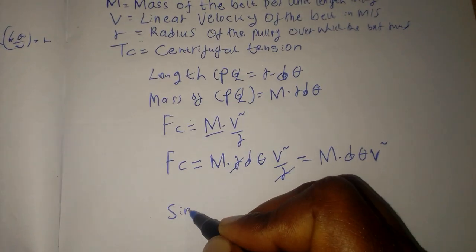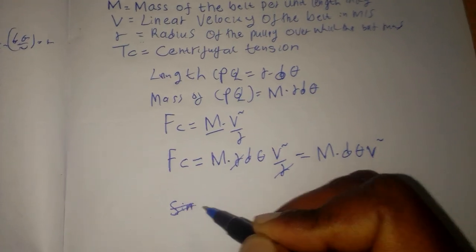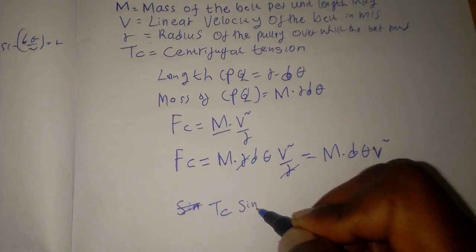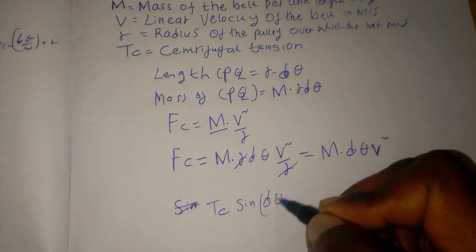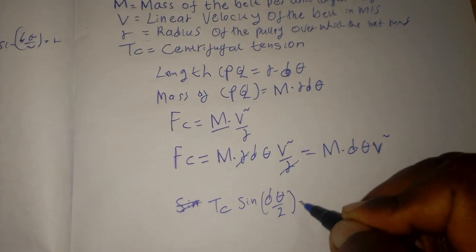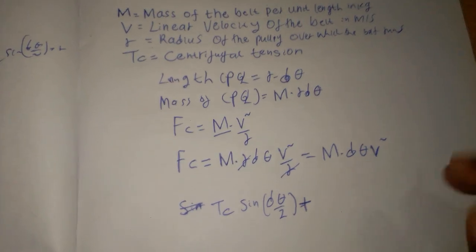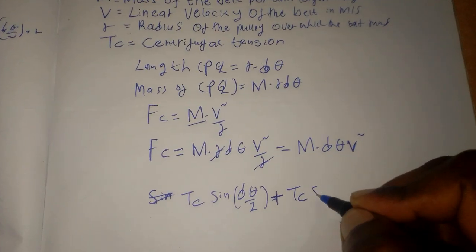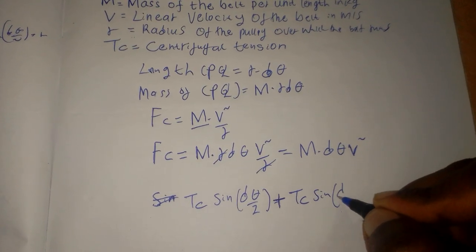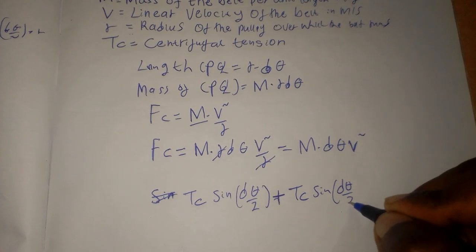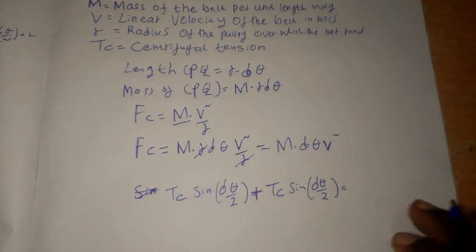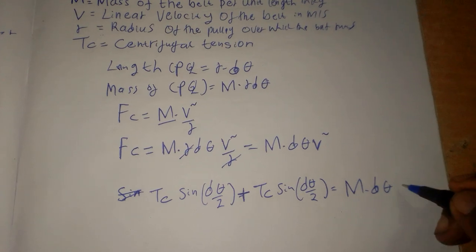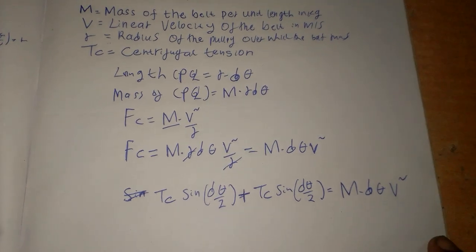Tc sine d theta divided by 2 plus Tc sine d theta divided by 2 is equal to the centrifugal force m d theta v squared.